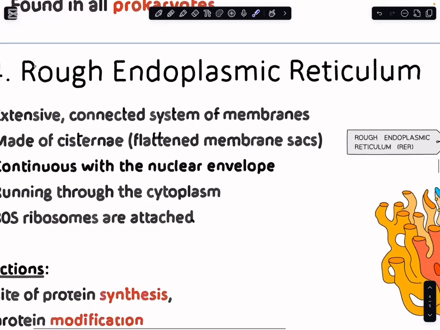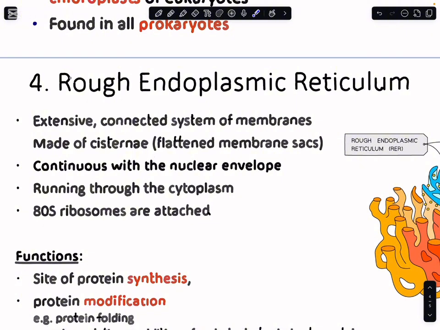So now you see that the rough endoplasmic reticulum is extensive and is a connected system of membranes. And these flattened membranes that we have got, we call them cisternae, and they lie in a continuous pattern with the nuclear envelope of the nucleus, and they run through the cytoplasm. And on these rough endoplasmic reticulum, there would be ribosomes attached to them.